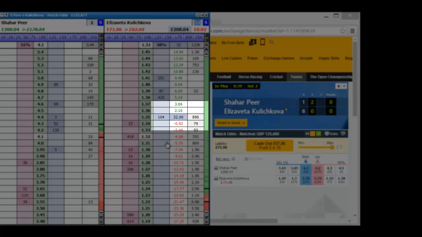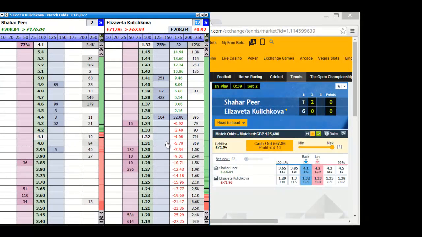There we go. So 32 quid. So that's obviously reducing the red, and we'll continue to do that as long as Peer keeps a nose in front.